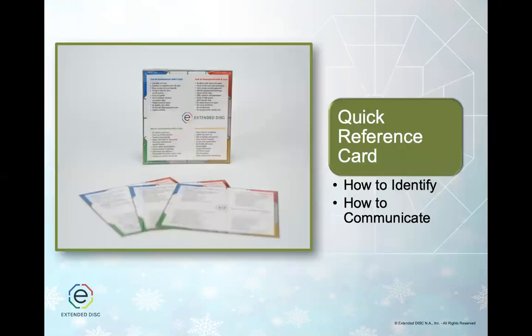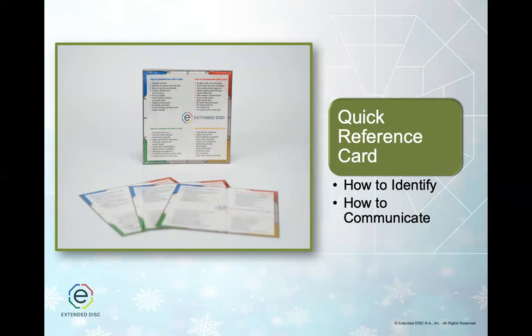Absolutely. Another resource that we have is honestly one of our most popular resources. Number one, it's cost effective, always on our minds, right? The second reason is it's just simple. It's a 4x4 laminated card, and on one side it's how to identify, and on the other side is how to communicate.